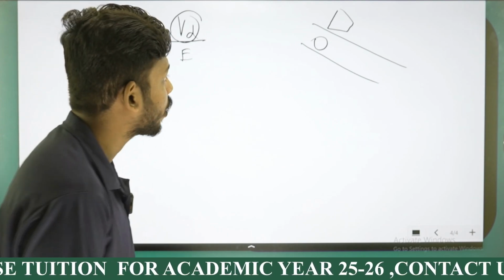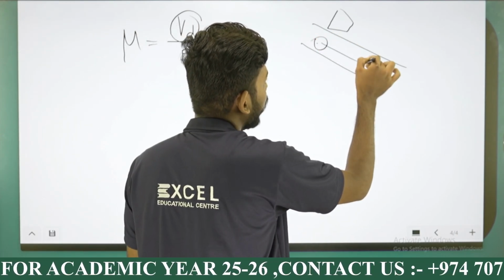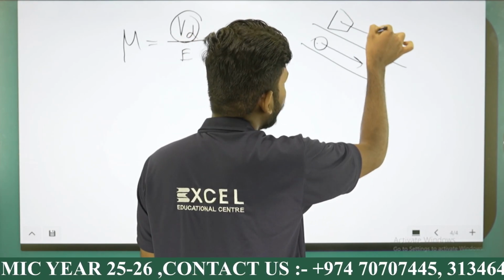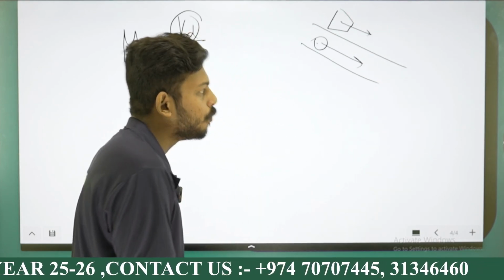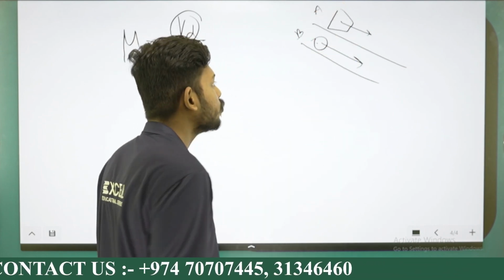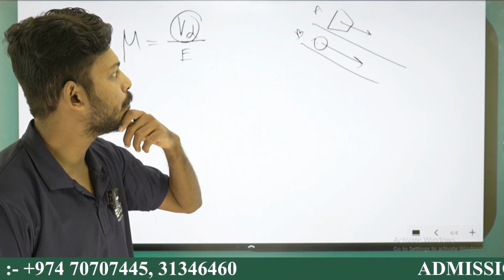What will happen? The spherical-shaped body will attain a high value of velocity, while the other body will attain a small value of velocity. So the mobility is higher in the B case.